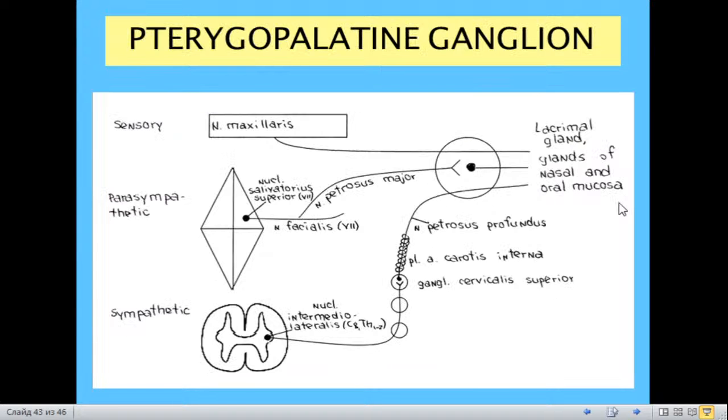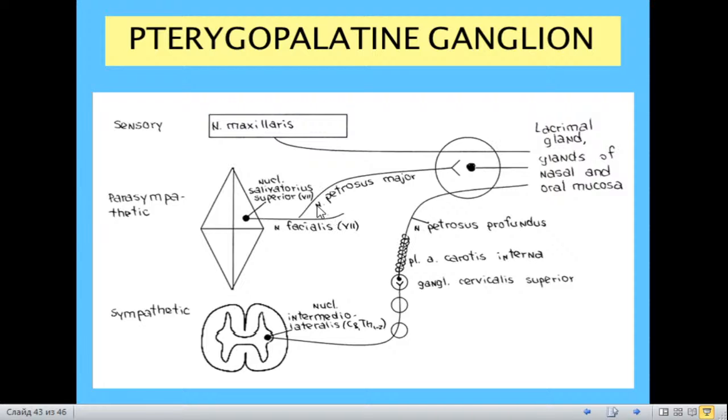Next ganglion, ganglion pterygopalatinum, located in pterygopalatine fossa. As you can see, this picture resembles previous one because this ganglion also receives three types of fibers. First one, sensory. It gets branches from nervus maxillaris.